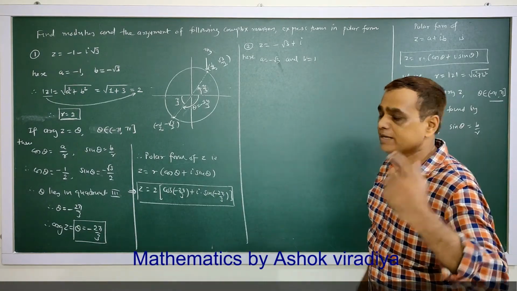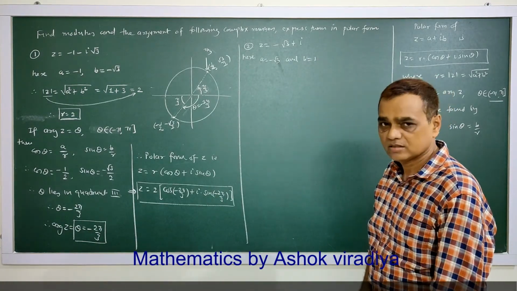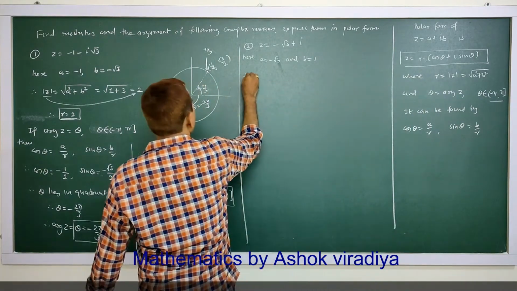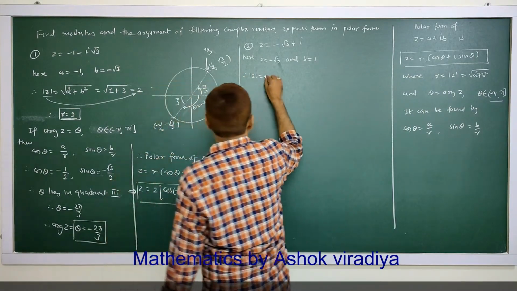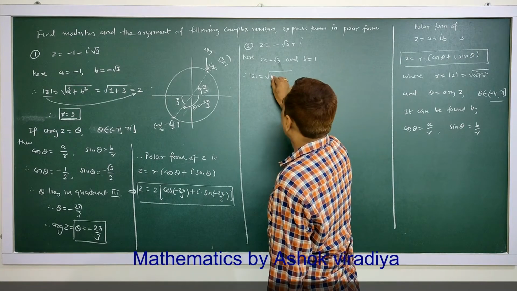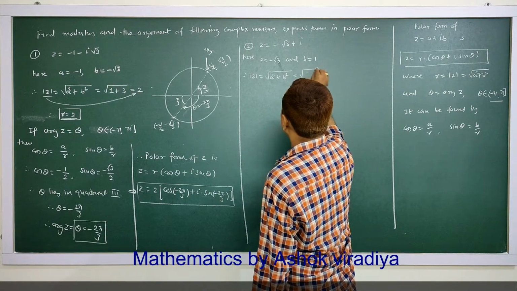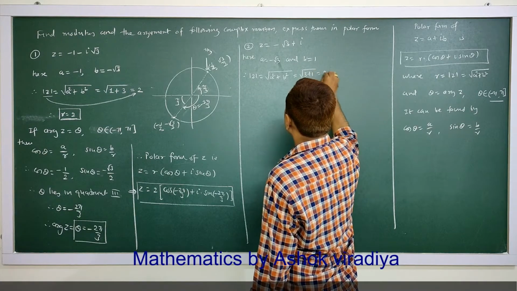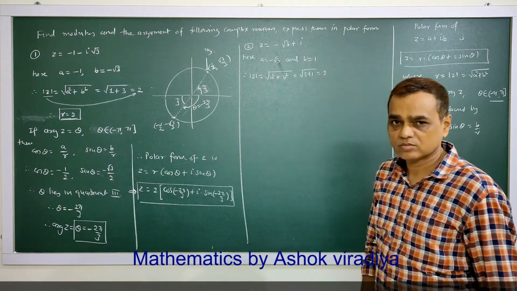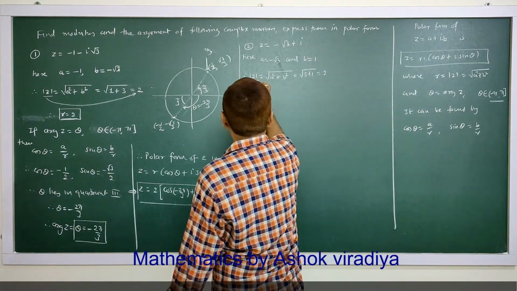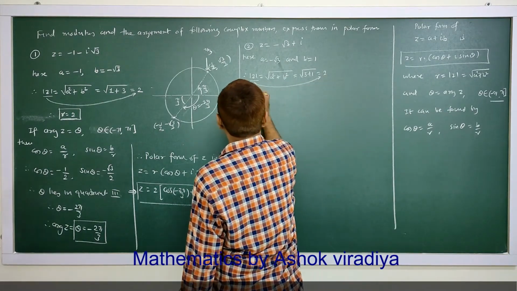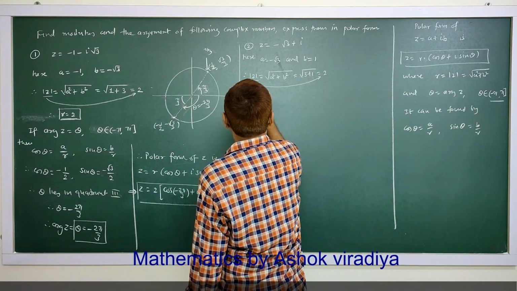Real part is a and imaginary part is b. First of all, we find the modulus. Modulus of z is root of a square plus b square, that is root of 3 plus 1. Again it is 2. So modulus of z is 2.